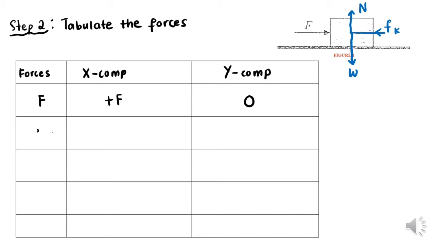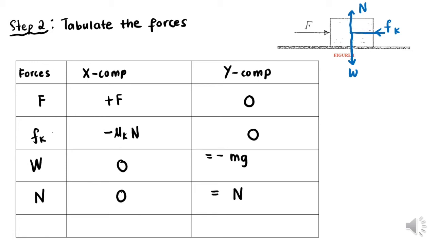We start with F. F only has positive F at the x component and 0 at the y component. For the friction, we have negative mu k N at the x component and 0 at the y component, negative since it's directed to the left. For weight, we have 0 at the x component but negative mg at the y component, since it's directed downward. And for normal, we have positive N at the y component and 0 at the x component.